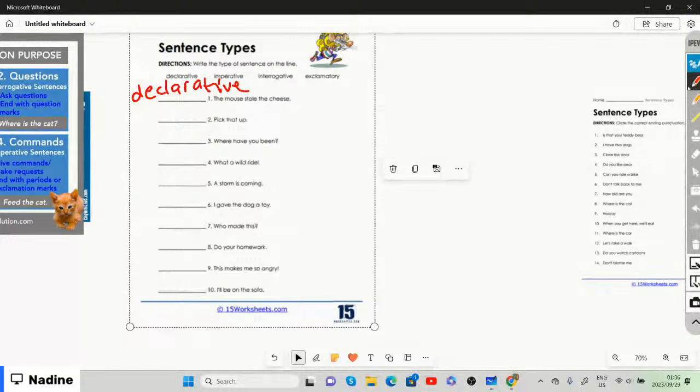Then we have "Pick that up." We need to say what type of sentence that is. Is it declarative, imperative, interrogative or exclamatory? Pick that up. So in this case, this is an imperative sentence.